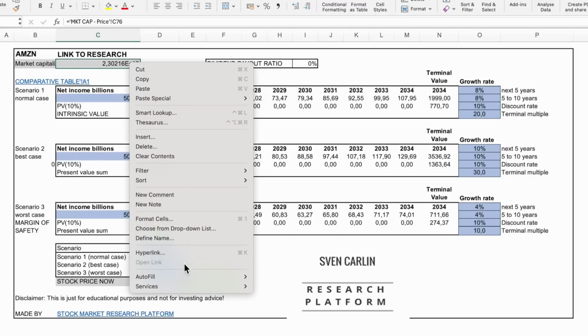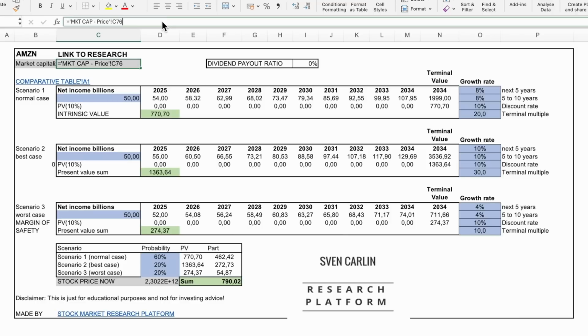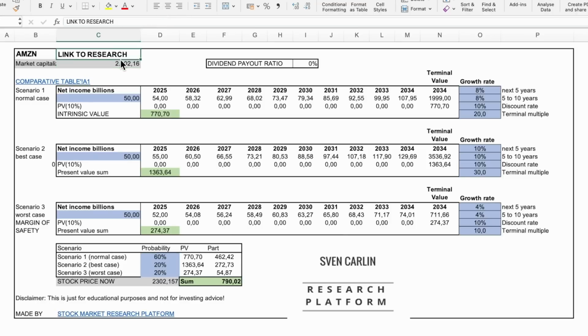Let's just put it as a number, and let's also divide it by 1 billion for comparative reasons. So we have 2.3 trillion, net income in billions, 770 billion on this returns. So it was close to it when I made a video 2 years ago saying it was a buy. Now it is pretty far from it.